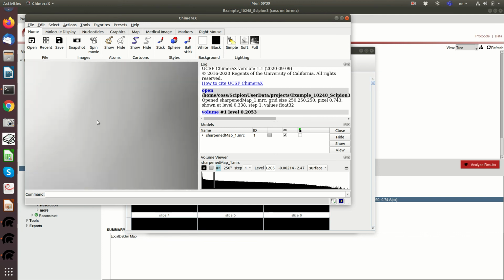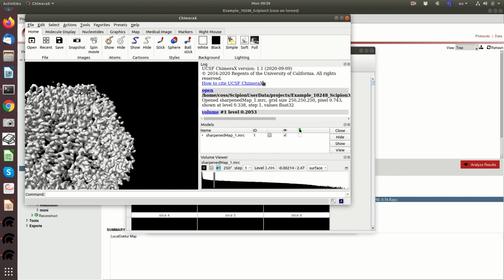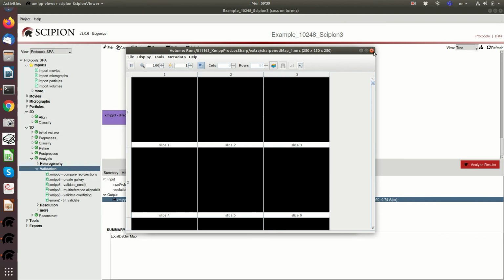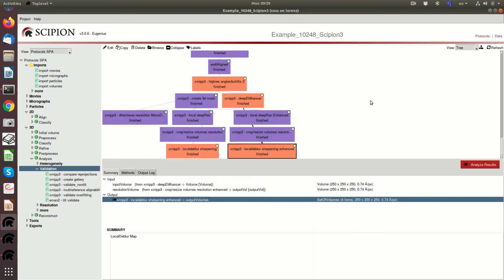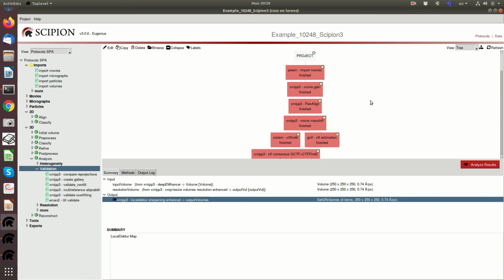Sorry, I'm going in the wrong direction, but this is a nice example that with good data you can reach very high resolution in a very short time.